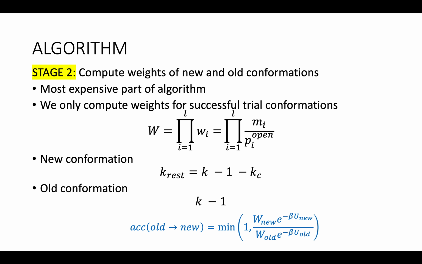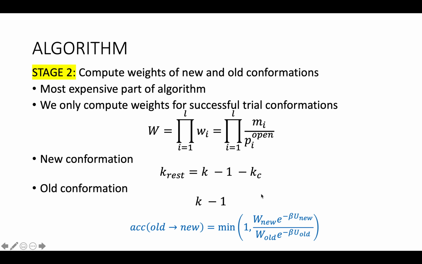And if that's the case, we would say that the direction is open, and we would compute the weights using this formula here. Here MI represents the total number of available directions for monomer I, and PI, of course, is the probability that the trial position for monomer I is open. We would compute the weights like this for all monomers up until L minus 1 and multiply them to obtain the weight of the entire chain.